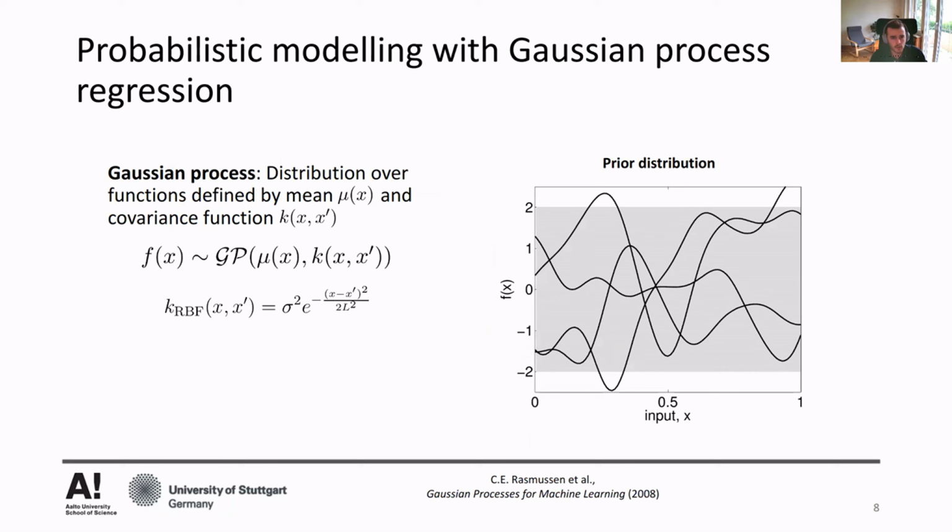In BOSS, or in Bayesian optimization in general, we typically use a Gaussian process, which is actually a model over functions. More formally speaking, a Gaussian process is a distribution over functions, which is characterized by a mean function and a so-called covariance function, also called kernel function.